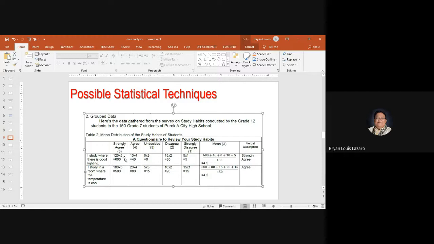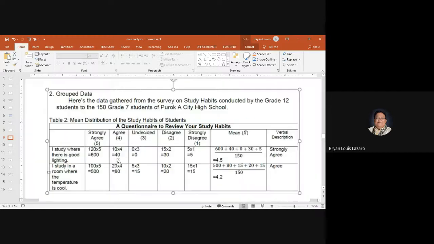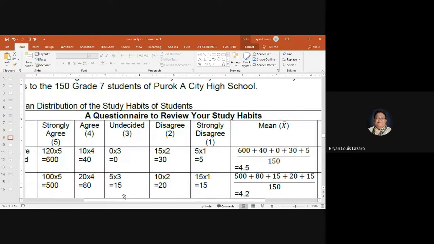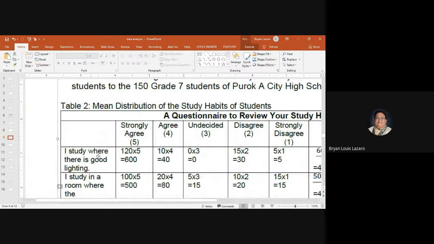So, kunin niyo yung responses. Ito, yung nakita niyo dito. Ayan, responses po yan. Yung 120 ay responses. Ilan yung sumagot ng strongly agree dito? 120 po. Dito, ilang agree? 10 po.